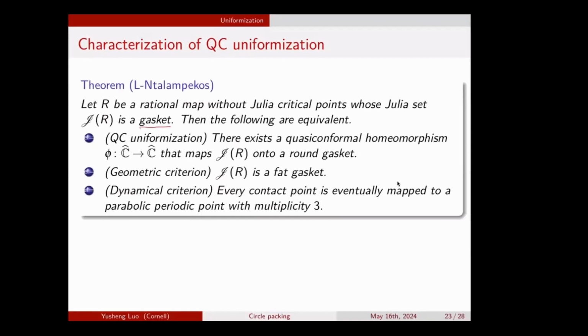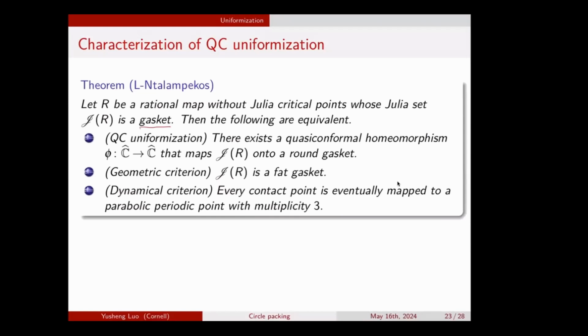So for quadratic rational maps, there are infinitely many non-homeomorphic fat gaskets. But still, it is not very easy to find them. So if you have a typical gasket, the chances are it is not going to be homeomorphic to a fat gasket.